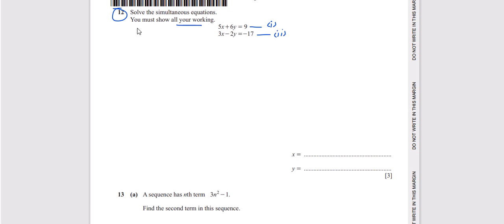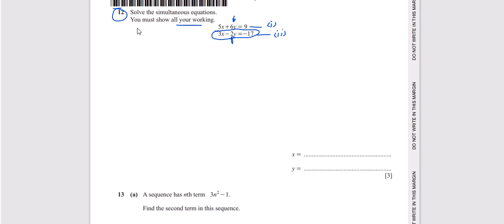We know that the coefficient of y here is 6, and here the coefficient of y is 2. If we multiply this equation by 3, 2y multiplied by 3 is 6y. So both numbers are equal, then we easily find the value of x.